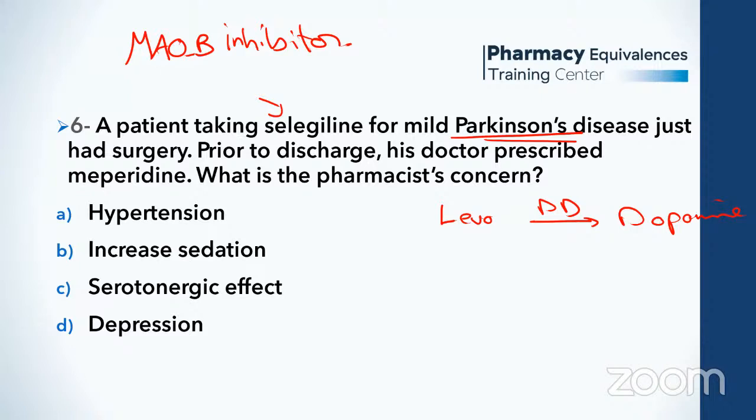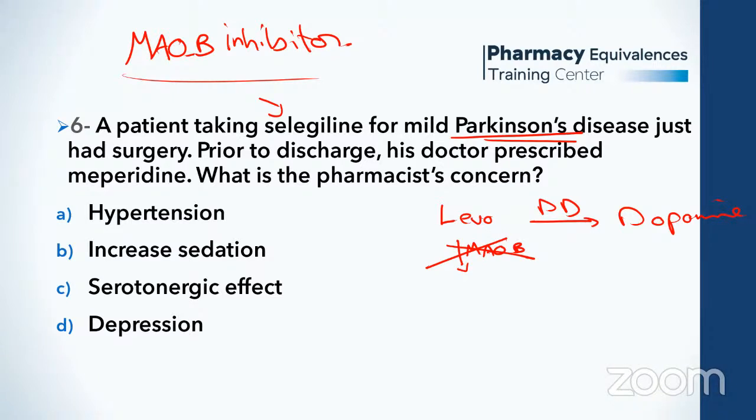Levodopa has another pathway through the MAO enzyme, or MAO-B enzyme. We need to stop this pathway by giving the MAO-B inhibitor. So selegiline will inhibit any other pathway of levodopa in the brain other than its conversion to dopamine. Okay, so here selegiline will help increase the activity of levodopa.